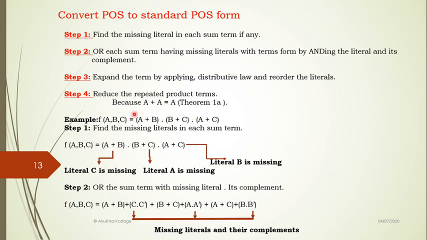Now, after finding out the missing literal for each of these terms, we have to go for the second step. That second step says that we have to carry out the ORing with the original terms present, for the ANDing operation of the missing literals with their complement.